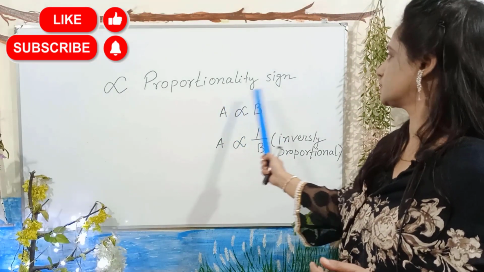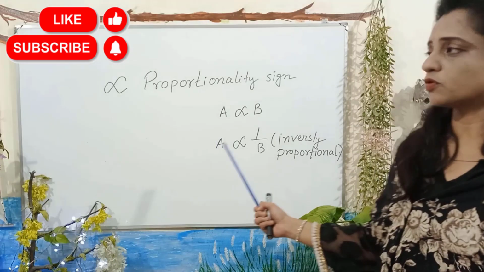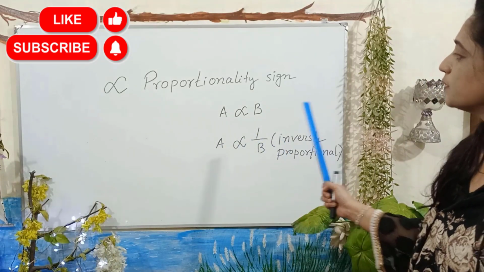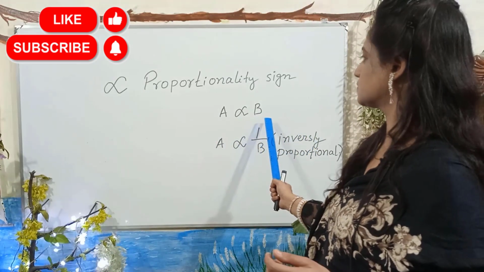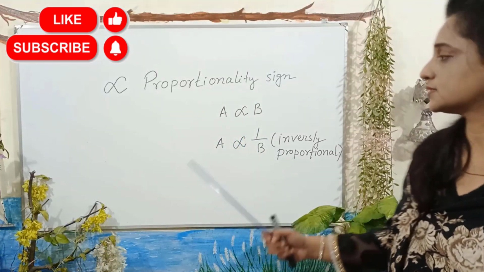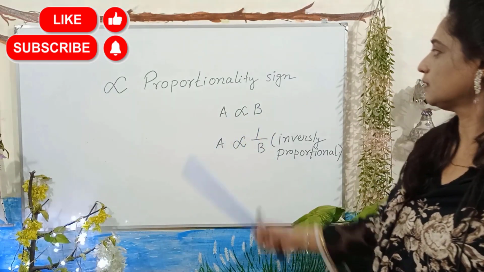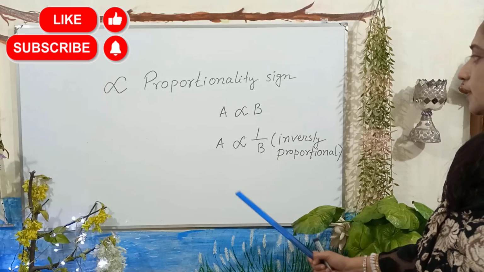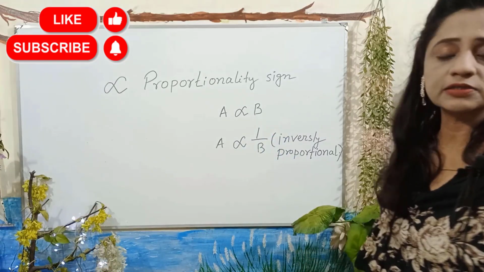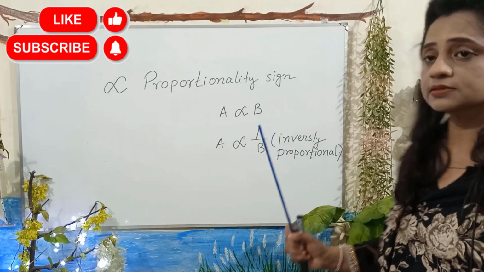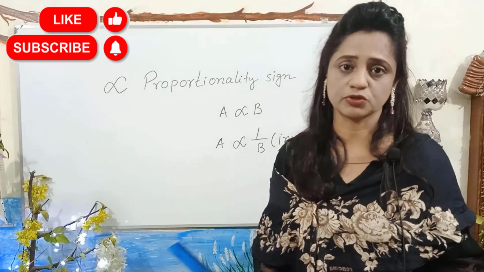This one is the proportionality sign. It is very important. If the value of B increases with the increase of A, then we can say that A and B are proportional. Here one thing is very important to know, that there is one term that is inversely proportional.